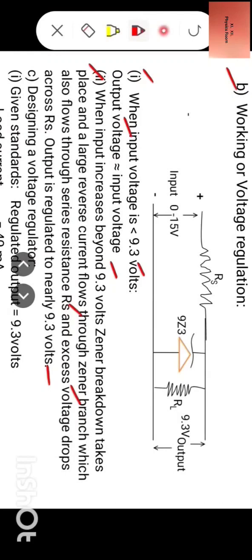Output is regulated to nearly 9.3 volts. Okay.